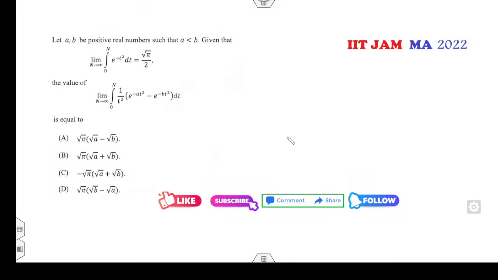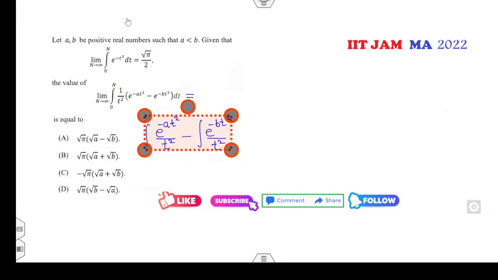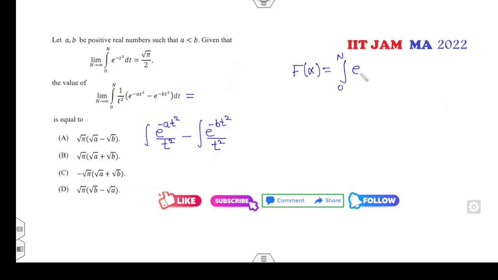Okay, look at the next one. If a and b are positive numbers, then your answer is the integration of e raised to power minus a t square over t square, minus the integration of e raised to power minus b t square over t square. That's very simple. I can choose a function, say f of alpha, which is the integration from 0 to n of e raised to power minus alpha t square divided by t square.